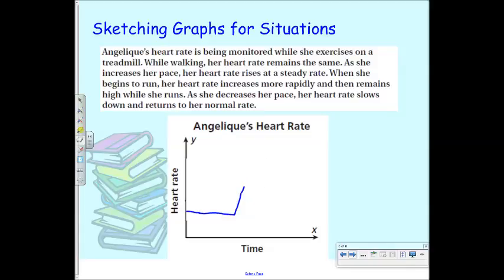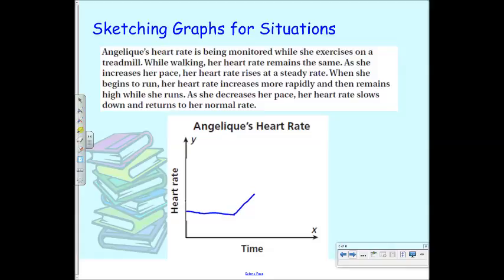I might adjust that part of it, if I were you. That's rising pretty quickly. It's supposed to rise slowly. So if her heart rate rises slowly, okay, and then starts rising really quickly. Good, okay. There you go.